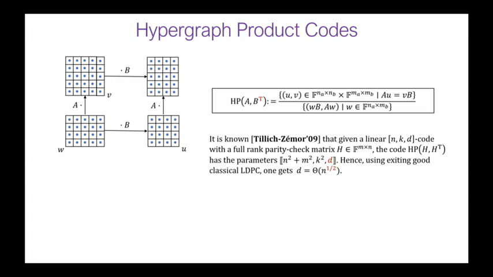And it is well known that if we use this construction, if matrices A and B are the same, and if they correspond to a parity check matrix of some good linear code, then we will get codes with minimum distance that grows as the square root of n. So this is a classical result by Tillich and Zémor.